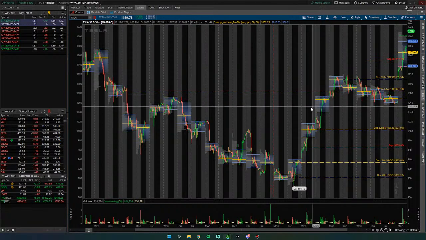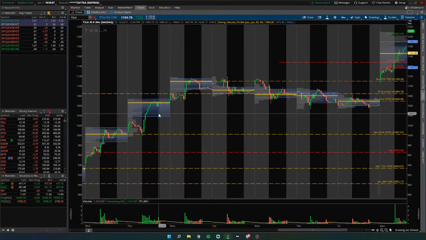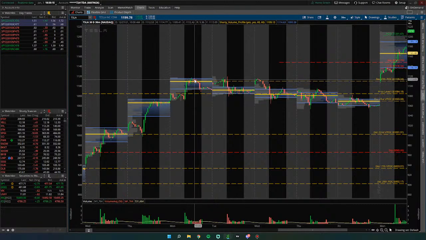And we'll zoom in on this level, but you can see almost to a penny, rejection, rejection, rejection, finally break through it, basically retest it here, retest, retest, retest.